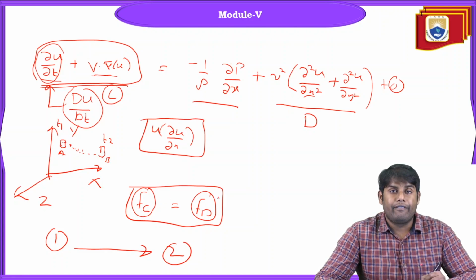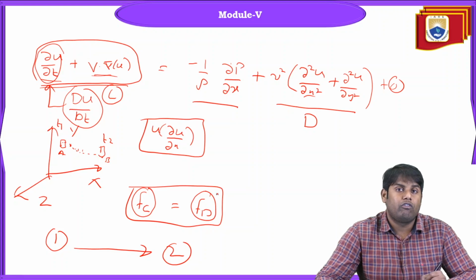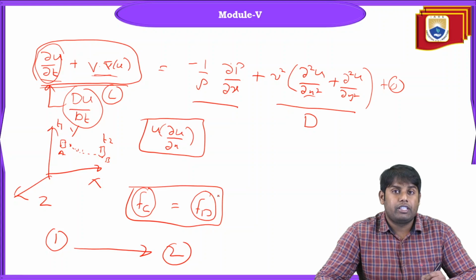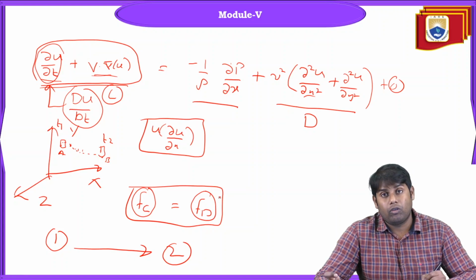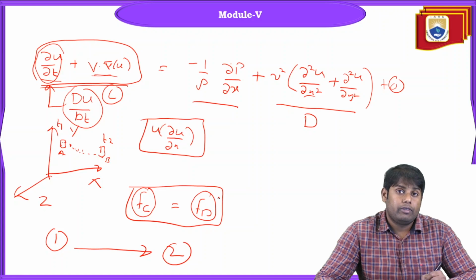So at each and every point in the path between 1 and 2, your diffusion and convection forces are to be balanced, in the sense they should be taken properly into account. You cannot neglect the diffusion, or the convection term. Every time the fluid is going from one point to another, you will have the convective force and you will have the diffusive force.